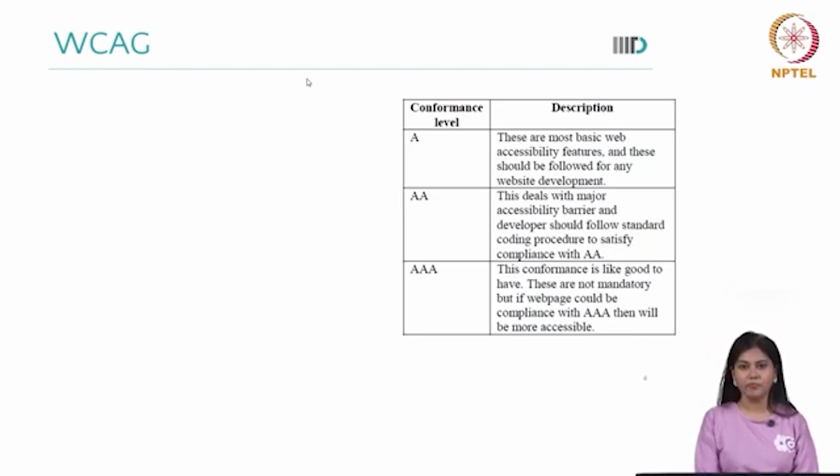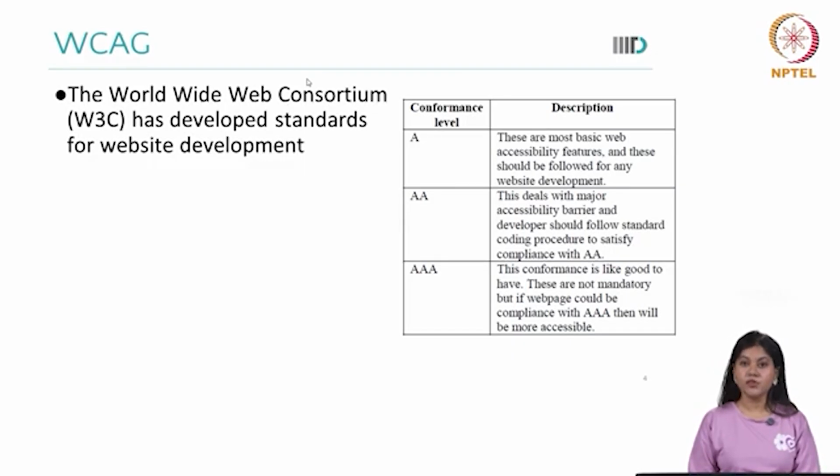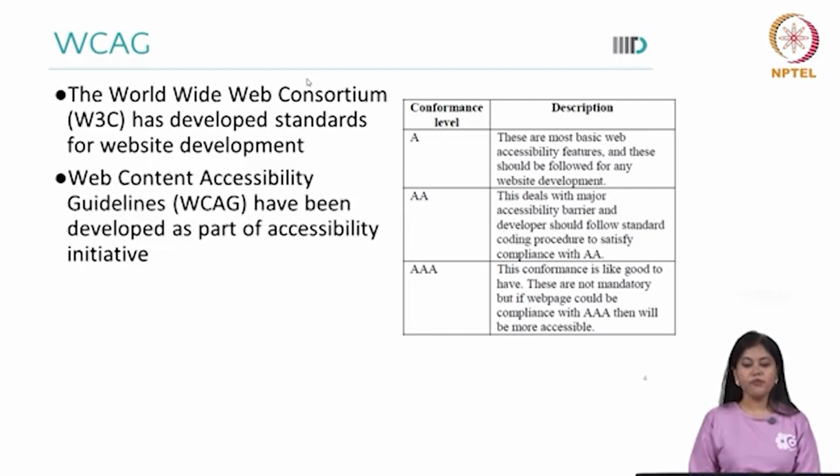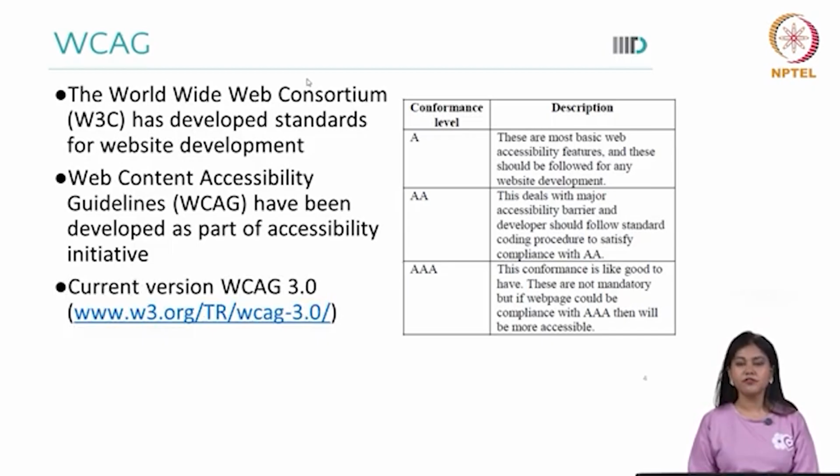AA deals with coding and development issues and accessibility barriers to satisfy compliance, and this is mostly followed on websites. AAA is good to have, but it is not mandatory, and it is also a little harder to reach. The World Wide Web Consortium has developed standards for website development. The Web Content Accessibility Guidelines were developed as part of the accessibility initiative, and the current version is WCAG 3.0.